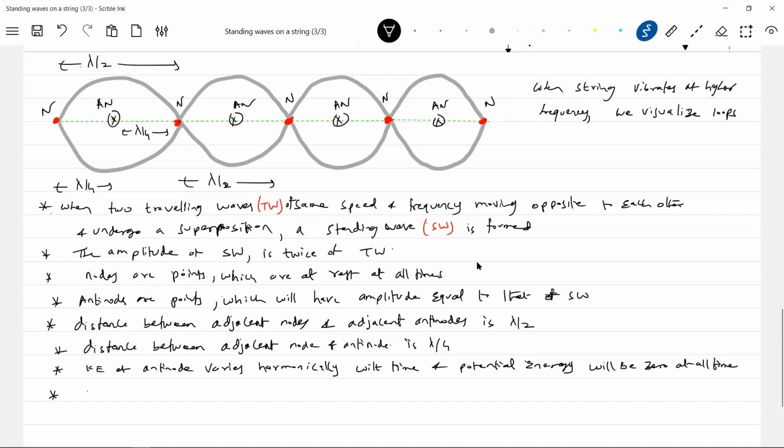What about this one? Kinetic energy, I'll write it kinetic.